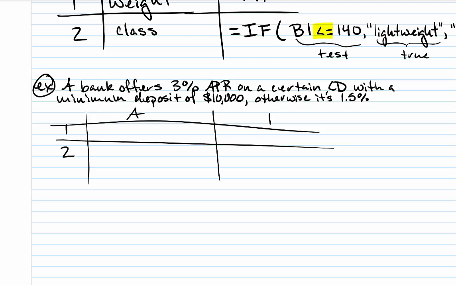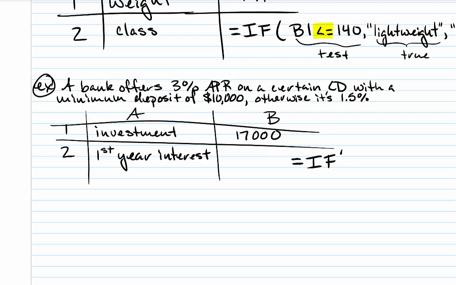And of course, it's not as pretty when you draw it by hand, but you get the idea. In the first cell, we would put the investment amount. In the second cell, maybe we want to calculate the first year's interest. So the investment amount would go here in B1. And let's say we're investing $17,000.